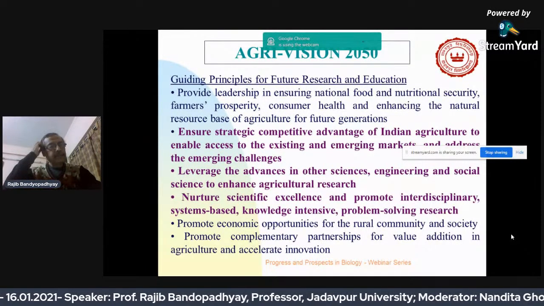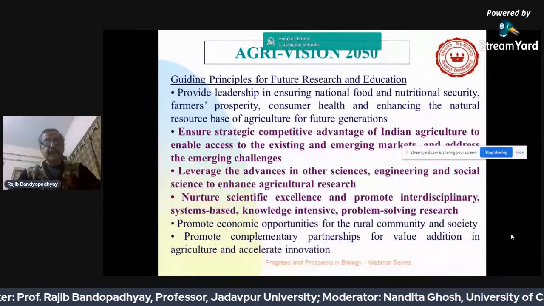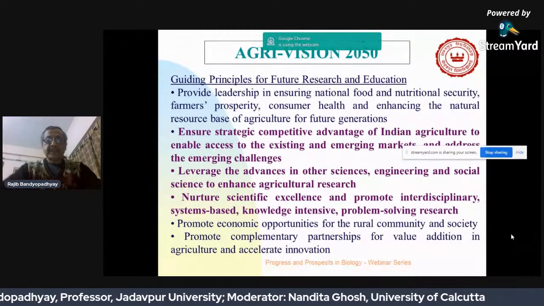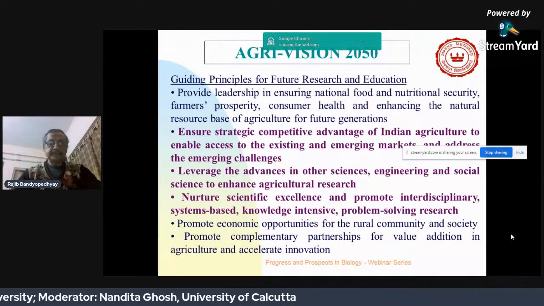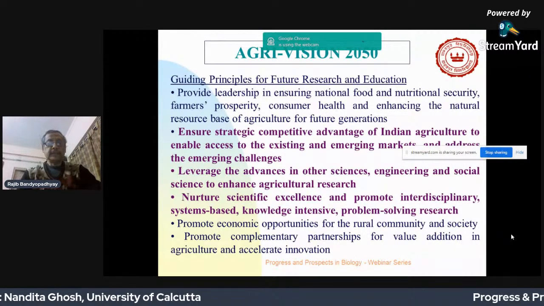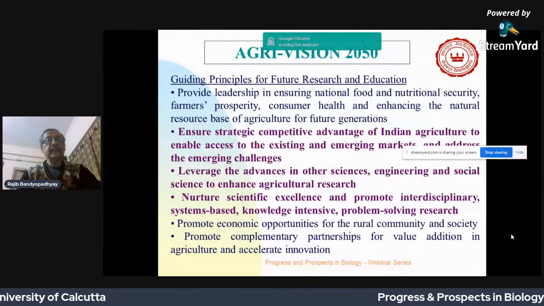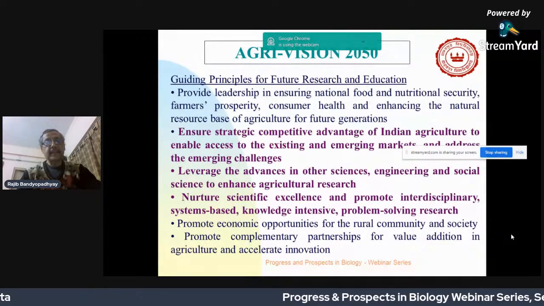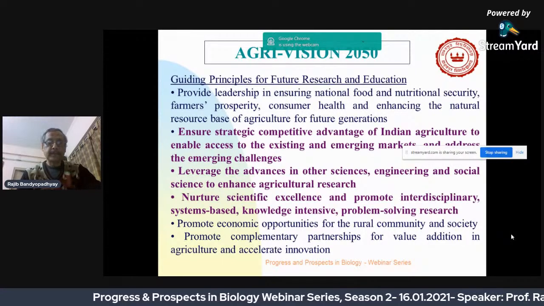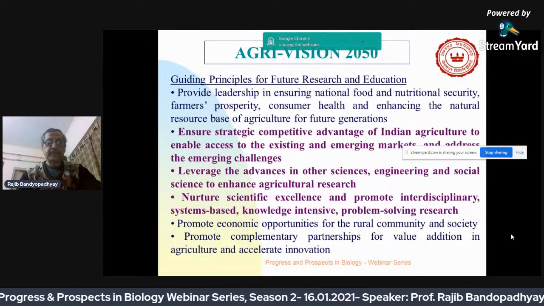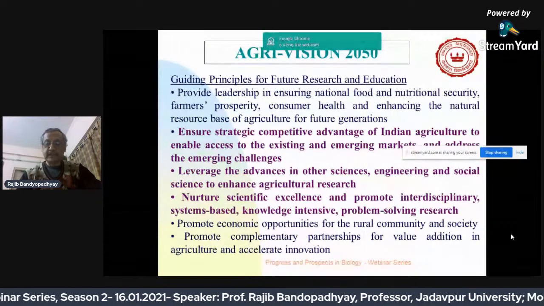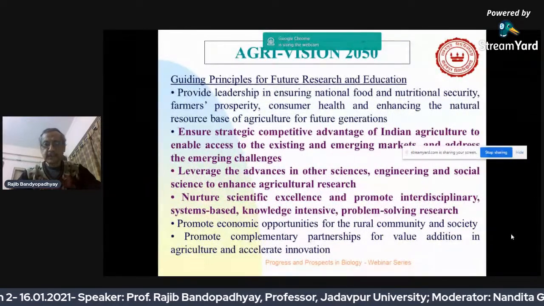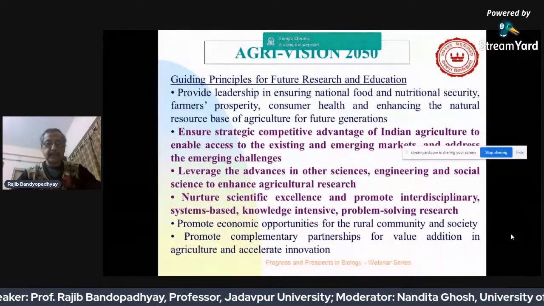It's a big document, and I've taken some portion of it, which I have highlighted. It is needed to leverage the advances in other sciences, engineering and social science to enhance agriculture research. In this domain, we have been trying to develop some products which may be useful for Indian agriculture, for the industry as well as the scientists.